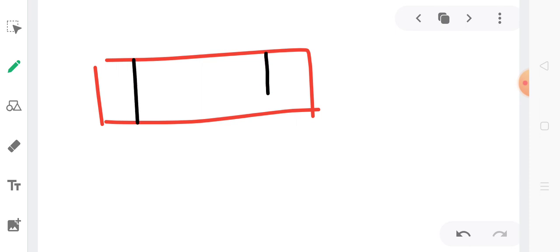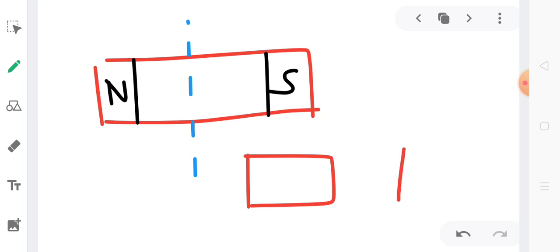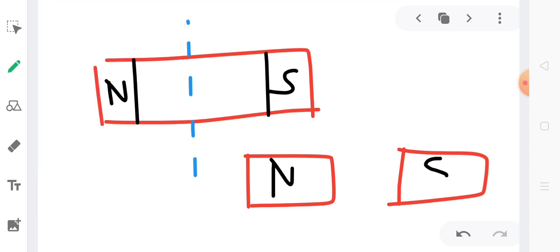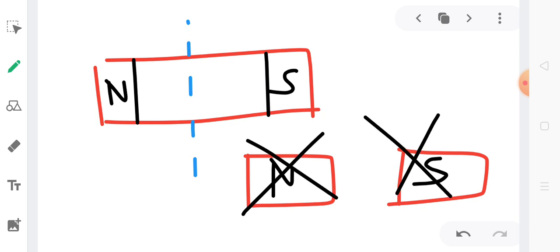For instance, if this is the north pole and this is the south pole of a magnet, and you think that I simply break it from between, you will obviously have two pieces, and you may think that I have separated the north pole and south pole, so now I have two magnets, one having only a north pole and another having only a south pole. So this is just not possible.